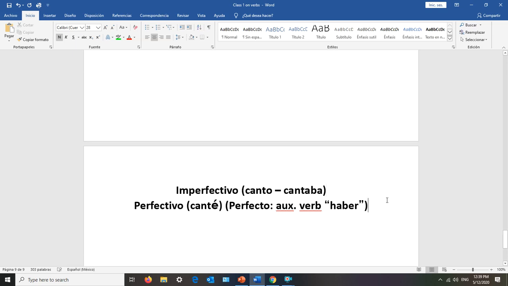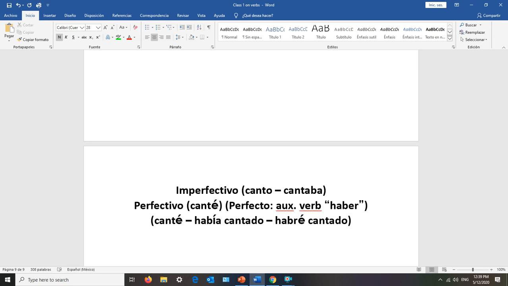Y perfectivo associated with forms such as canté, perfecto simple, había cantado, pluscuamperfecto, y habré cantado, futuro compuesto.